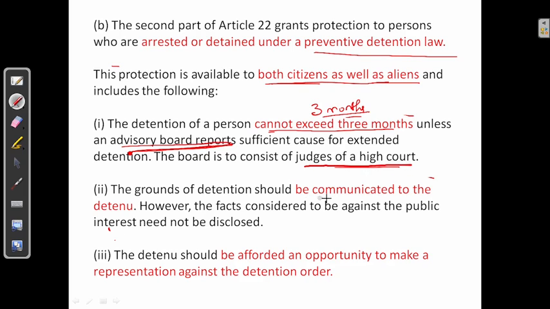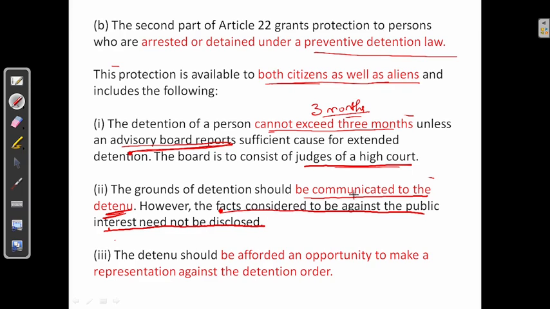Next, the grounds of detention should be communicated to the detainee. However, the facts considered to be against the public interest need not be disclosed. The reason for his detention can be communicated to him, but if the facts are against the public interest, they need not be communicated to the detainee.